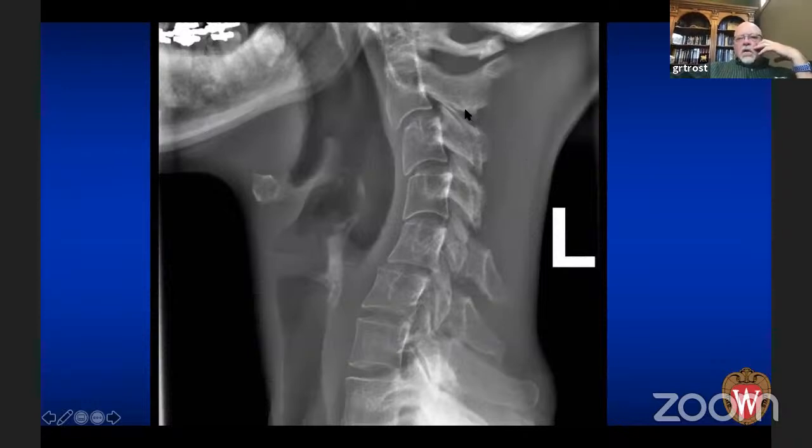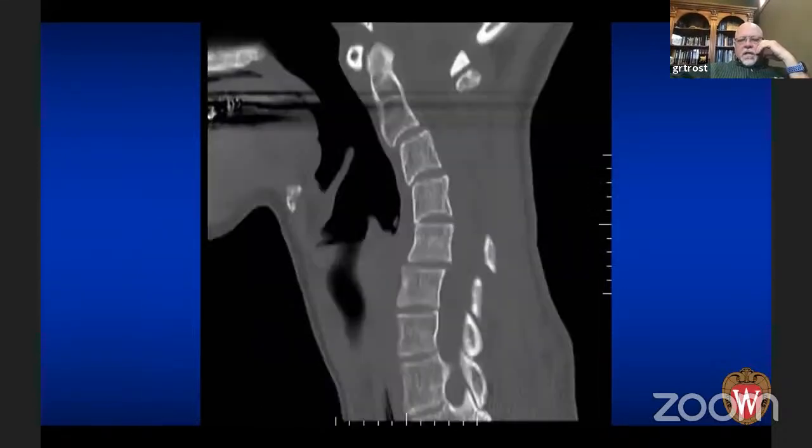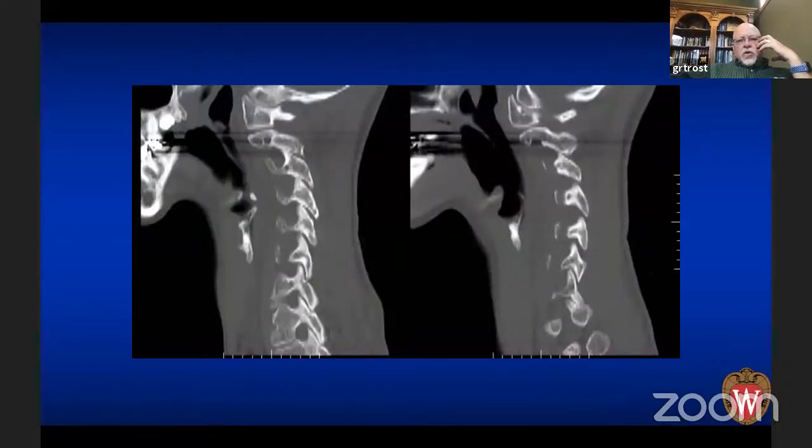Yes. So you can see that this joint is somewhat open. She's open here, and a little bit open here, and probably the same. I don't know if she's open down here. But I ended up getting a CT scan on her. This is her midline sagittal cut, and then this shows her facets, one left side, one right side.